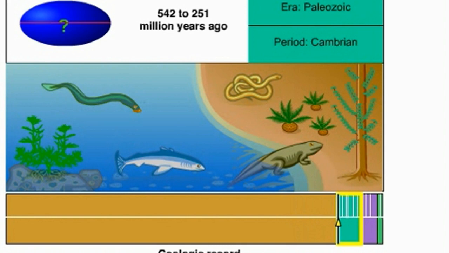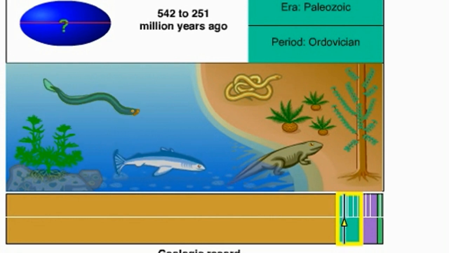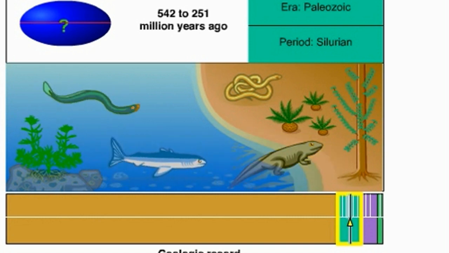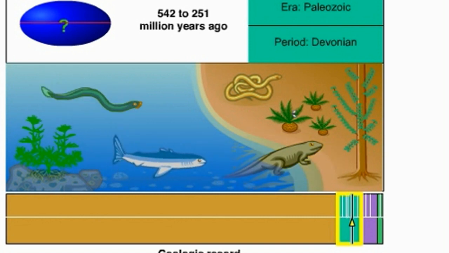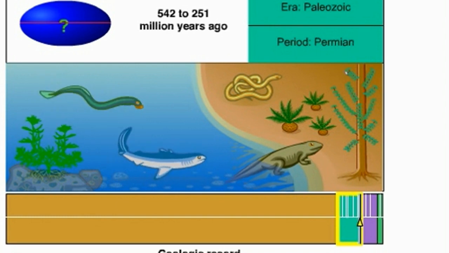The beginning of the Paleozoic era, 542 million years ago, marked the origin of most modern animal phyla. The first plants, jawless fish, bony fish, and amphibians evolved. Amphibians became the dominant vertebrate life form, while the first reptiles and seed plants appeared. By the end of the era, 251 million years ago, many marine and terrestrial organisms had become extinct.